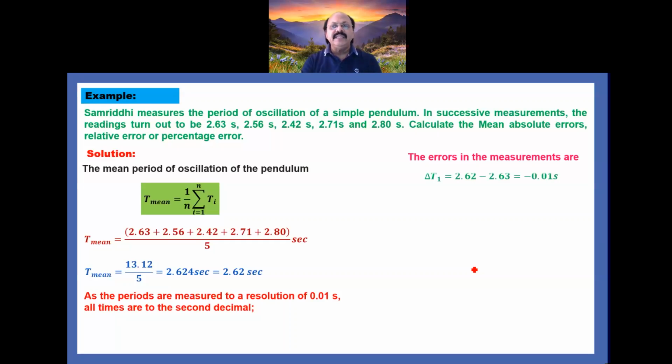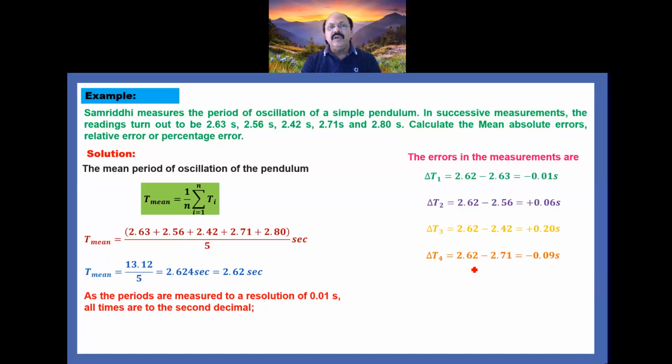Then the errors in the measurements are delta T1 equal to true value minus measured value. So 2.62 minus 2.63, which comes to be minus 0.01 second. Similarly, delta T2 is 2.62 minus 2.56, which comes to be plus 0.06 second. Delta T3 is 2.62 minus 2.42, which comes plus 0.20 second.